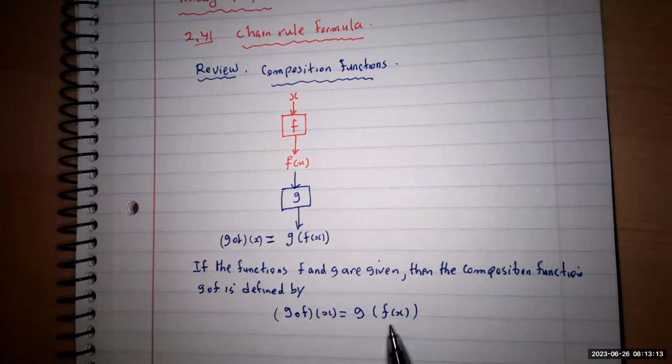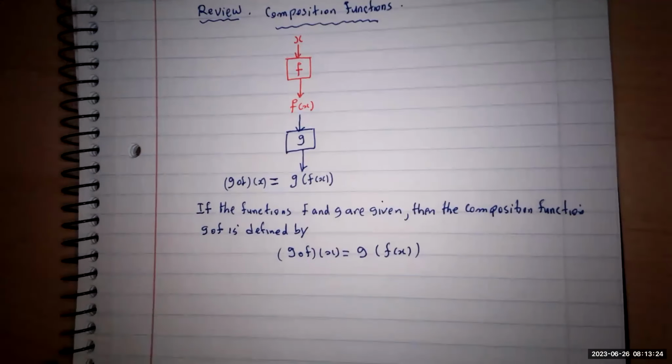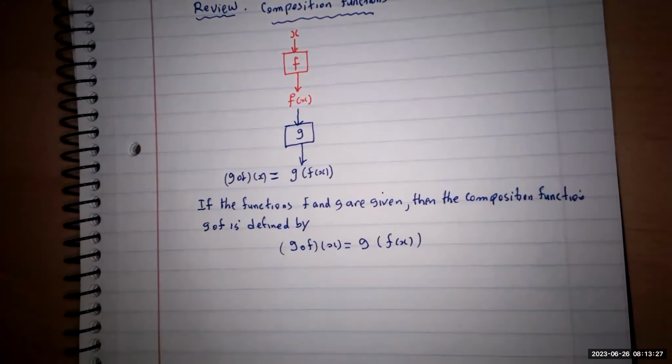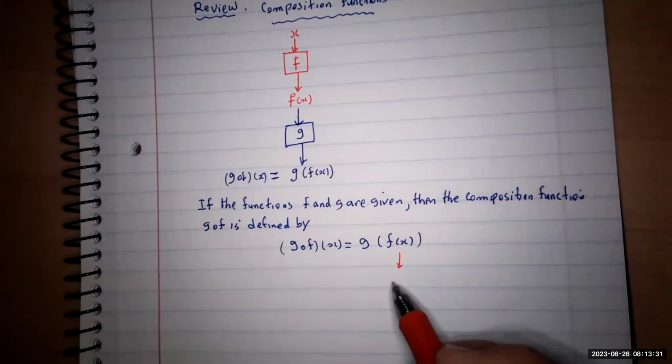So you apply the first one, and then when you're done with the first one, then you bring the g on it. So in this section, we are going to call this f function, we refer to it as an inside function. That would help us.